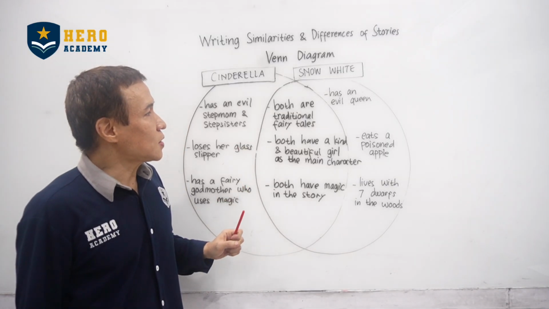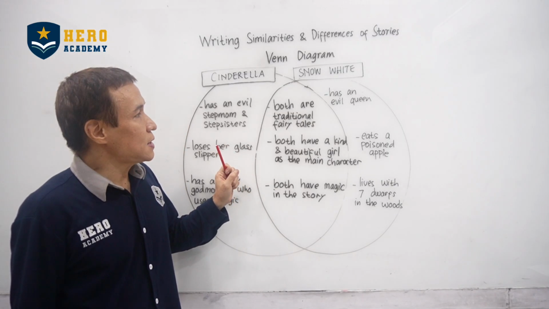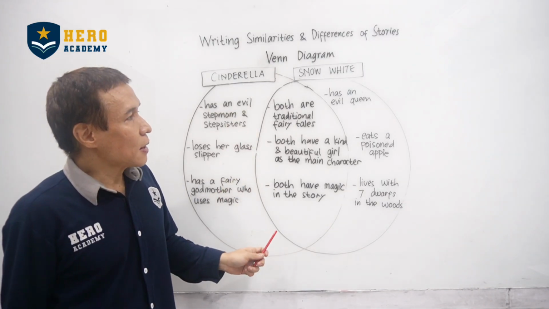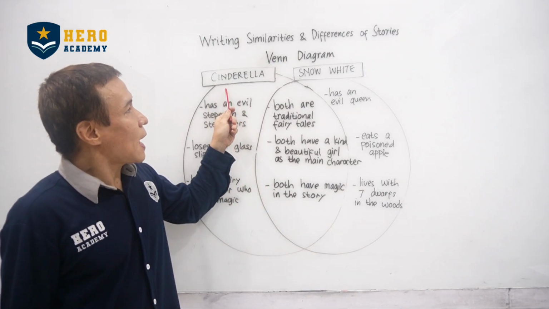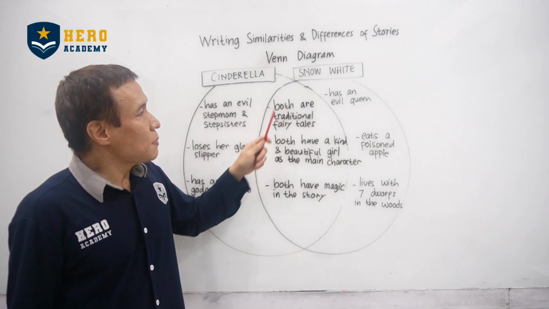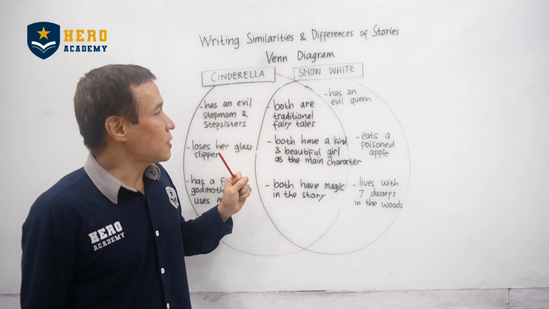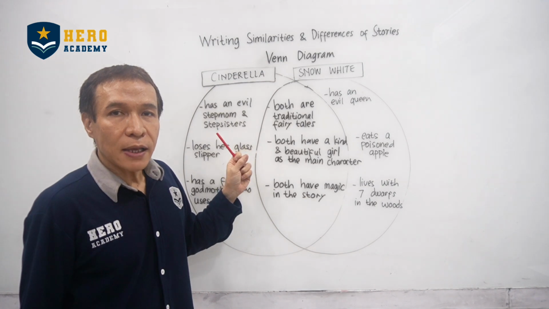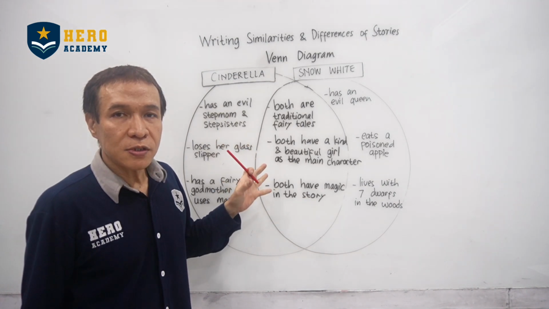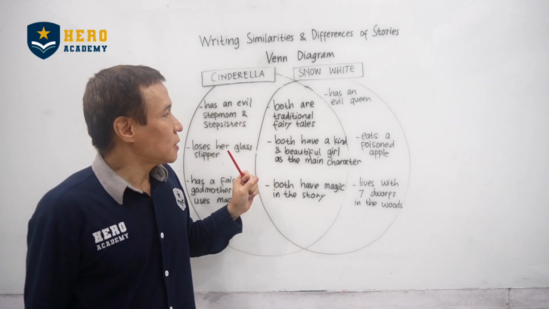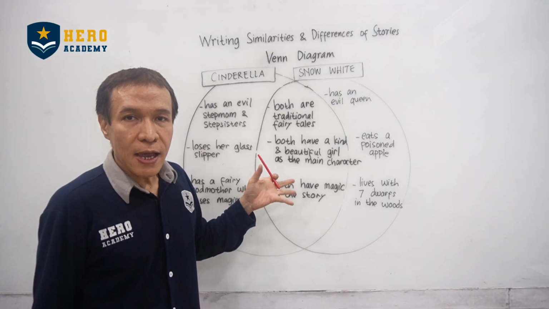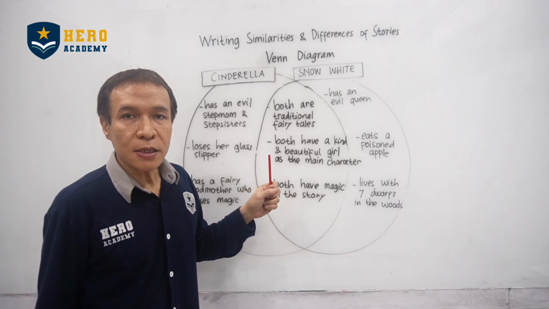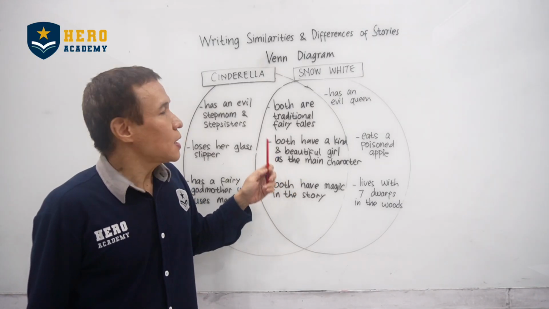Now let's take a look at the similarity in this Venn diagram. In Cinderella and Snow White, they both are traditional fairy tales. We know them from a long time ago, since we were small. And maybe your mom or your dad or your aunt or your uncle told you the story.